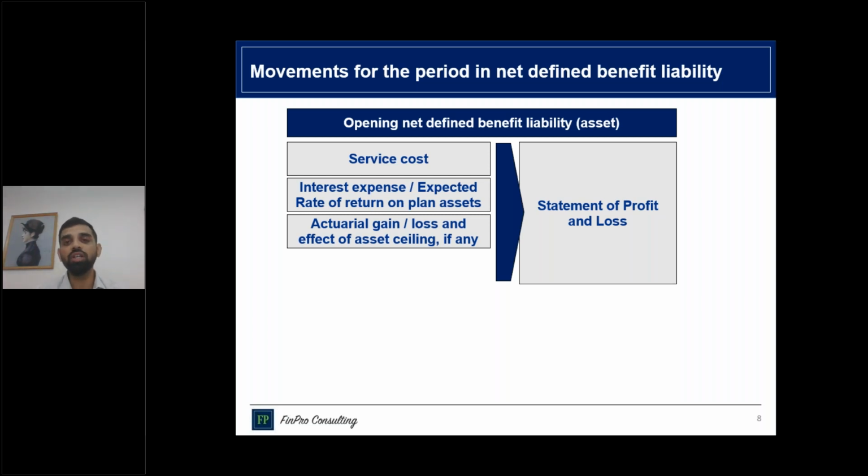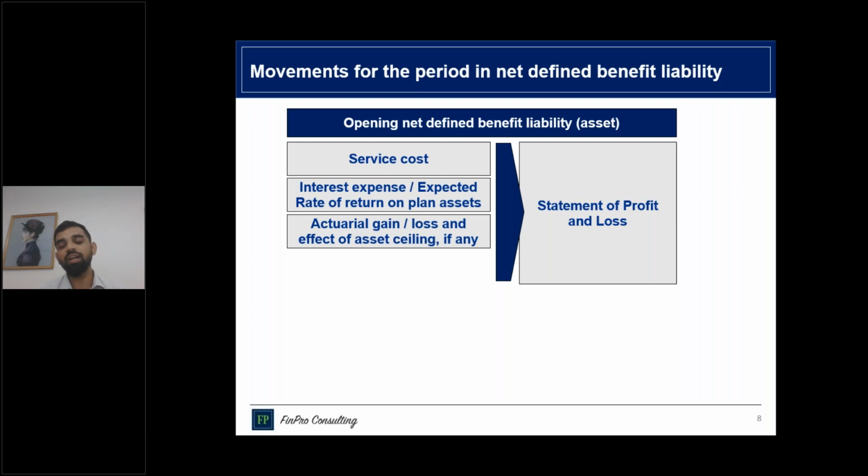Actuarial gain or loss is caused because of two circumstances. First, it is a difference between the estimated liability and the actual liability. I'll give an example to explain.